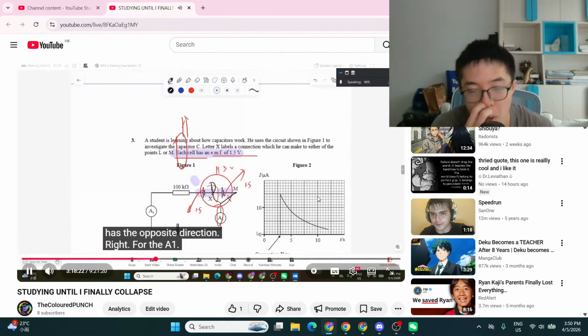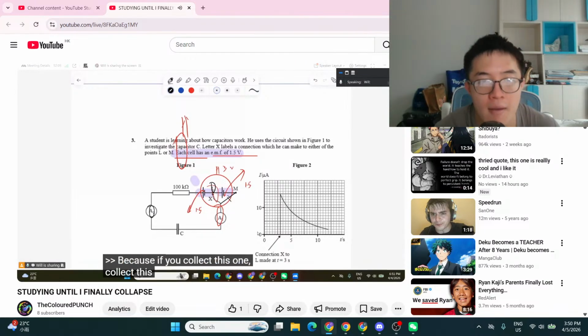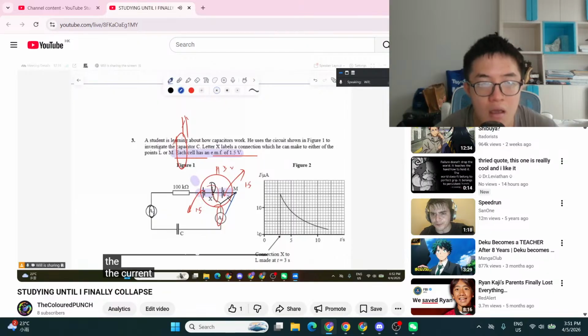For A1. Wait, why? Because if you connect this point, if the A2 switches to the M from L, and the current, right? The current for A2, what will change? The current, what will change? Double? Why double? Because the EMF is doubled.